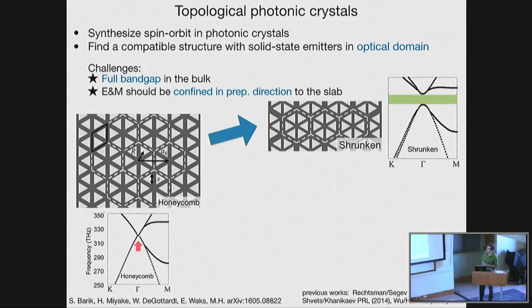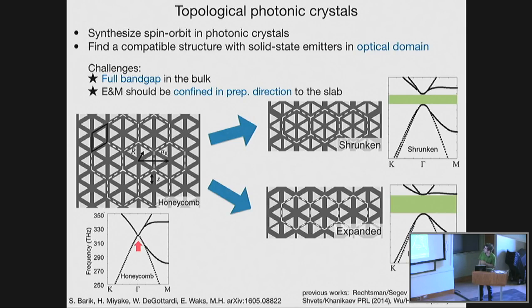In particular, what we looked at is that we took a honeycomb structure with these triangles, and then we deformed this honeycomb structure. So the honeycomb structure has this Dirac cone at this point. And if we deform it, meaning here in particular we shrink the unit cell or we extend the unit cell, we open a gap, and it turns out that this opening a gap is non-trivial in the sense that it will invert the band.